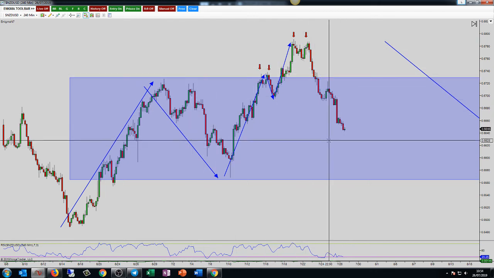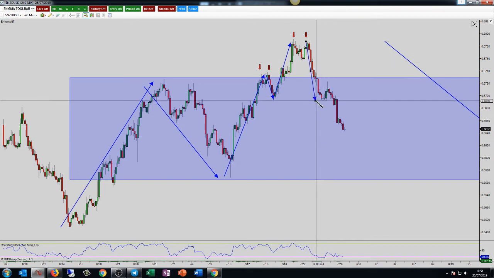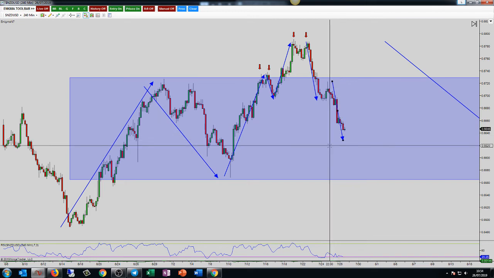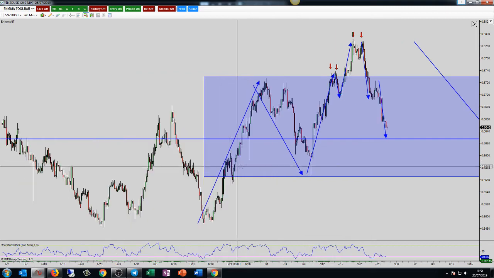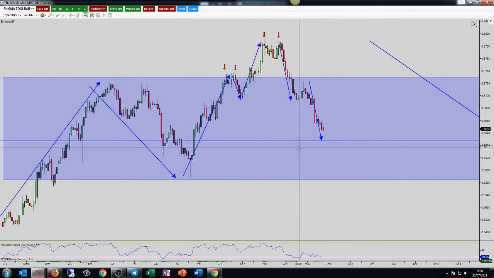So there's not going to be too much for me here on the 240. Maybe have an AB equals CD pattern coming down to this area. Doesn't look as though it's coming in at any kind of structure. No, not anything I'm interested in, but we'll take a look at the 60.